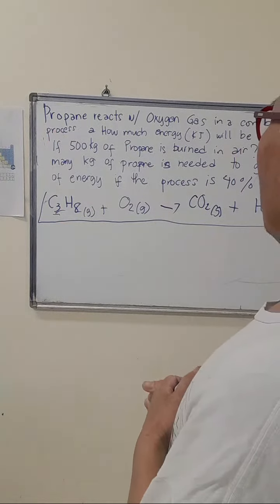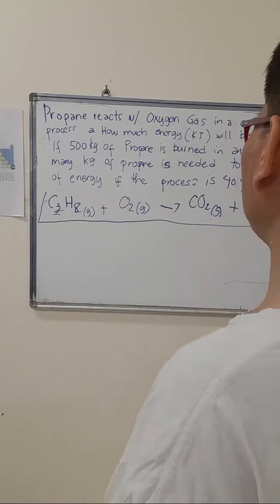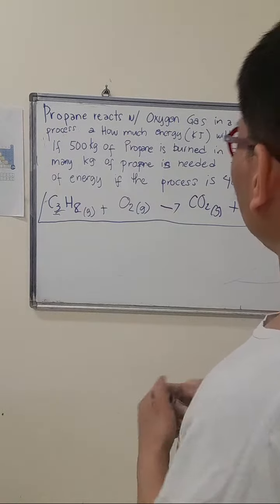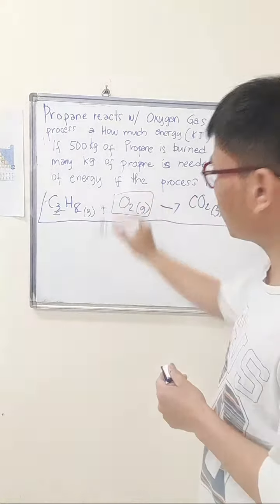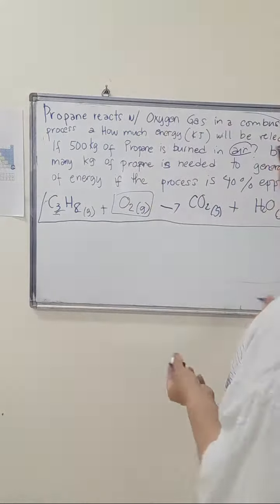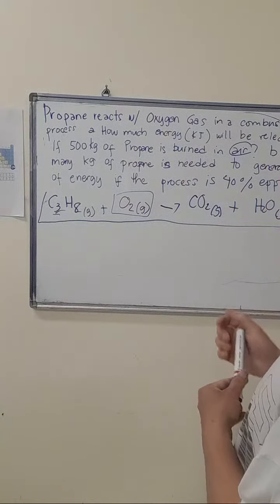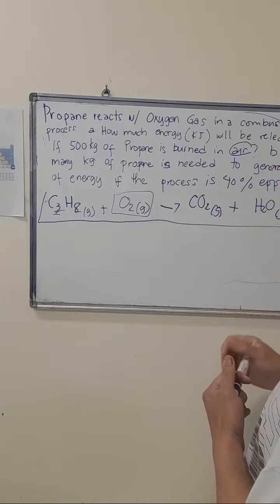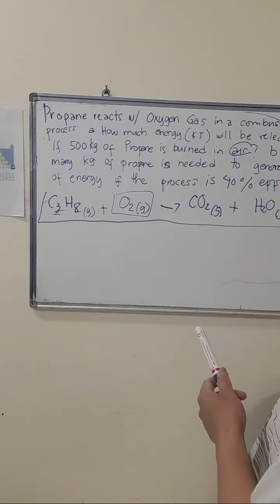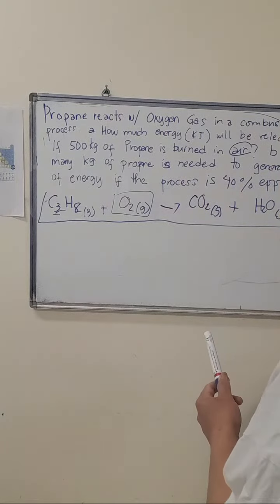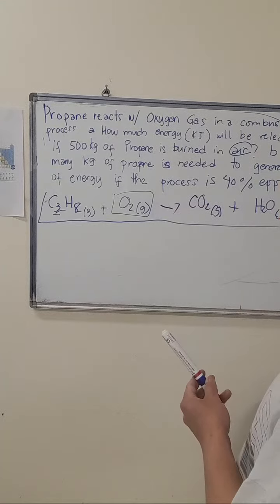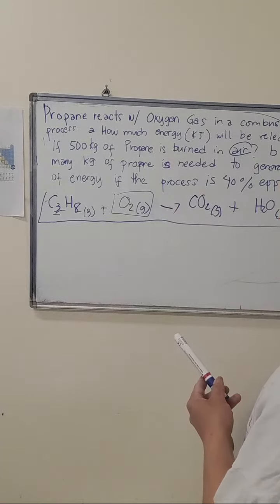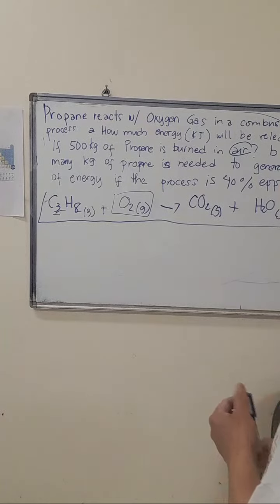Okay, question letter A. If 500 kilograms of propane is burned in air, see? Burned in air, and we add oxygen. Meaning to say, oxygen gas is an air. Okay, technically. How many kilograms of propane is needed to generate 500 megajoules of energy if the process is 40% efficient?